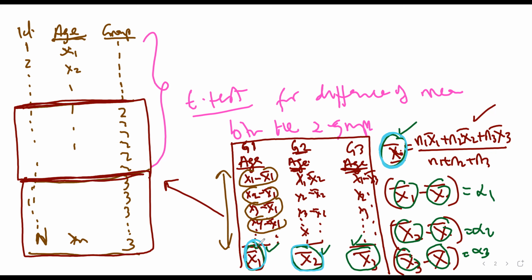So you take this value minus this, you square, plus you take this value minus this, you square, then you add this, x bar 3 minus x bar dot squared. So you sum those deviations of the group means from the overall mean.